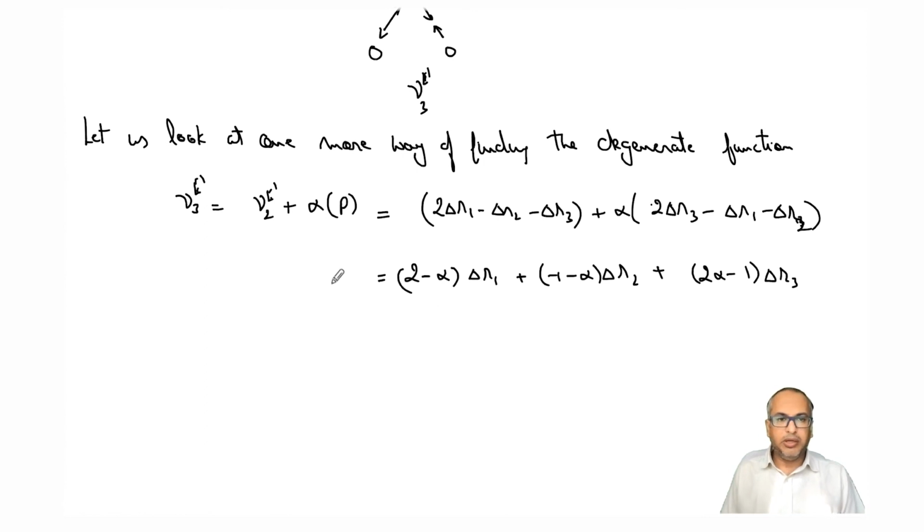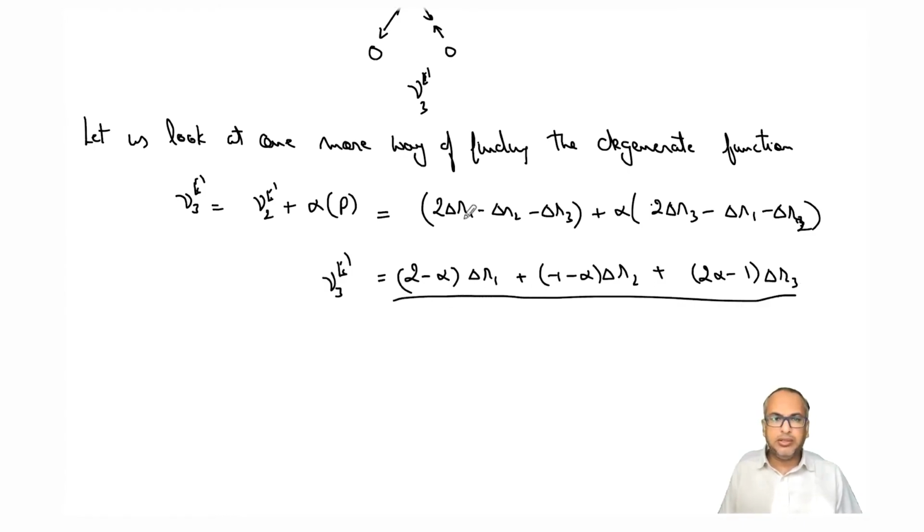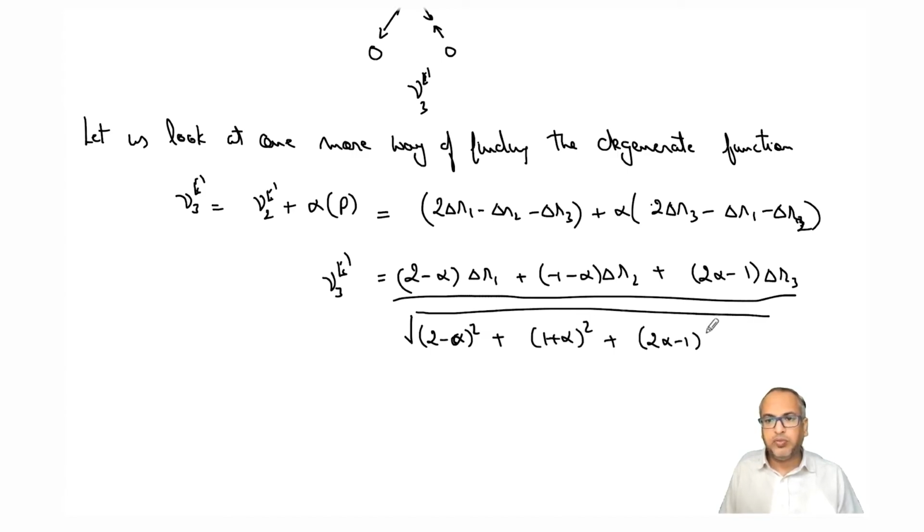Now this is my nu3 E prime, and these were not normalized, so we need to normalize it. The normalization coefficient is the square root of the sum of squares of the individual coefficients. So we can write (2 minus alpha) square plus (1 plus alpha) square plus (2 alpha minus 1) square.